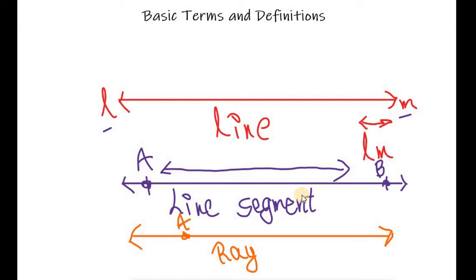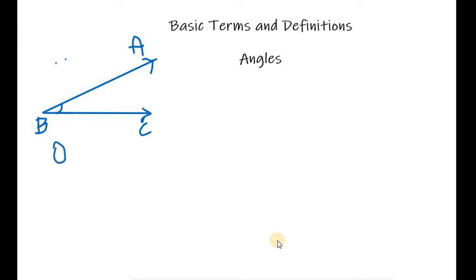These are the things we have already learned in our previous classes. Now let's look at the different types of angles that we have. If you look at the first diagram over here, what do you understand? The angle that we have here is less than 90 degrees but greater than 0 degrees.